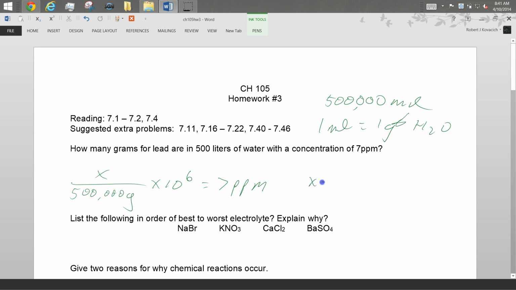So I rearrange that, and I'm going to get 500,000 times 7 divided by 10 to the 6th. And we get 3.5. So there's 3.5 grams of lead in this 500 liters of water.